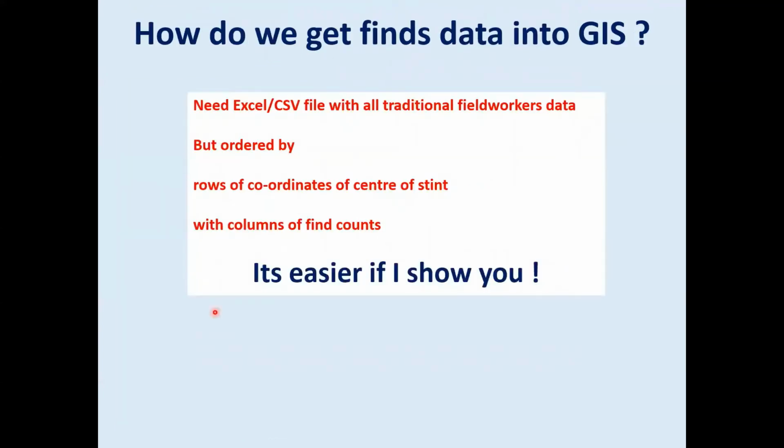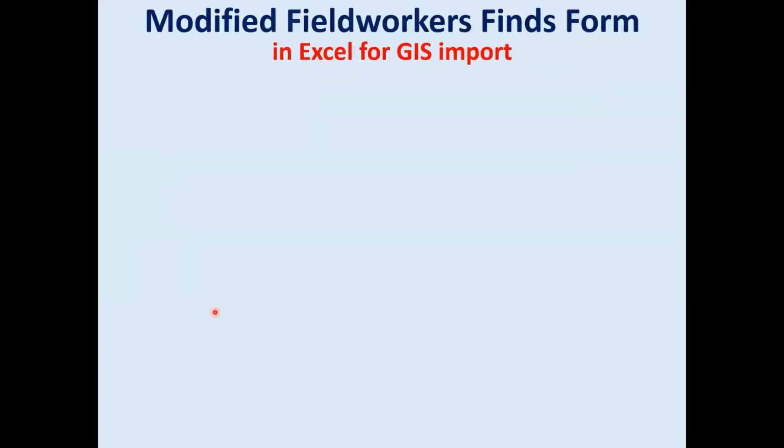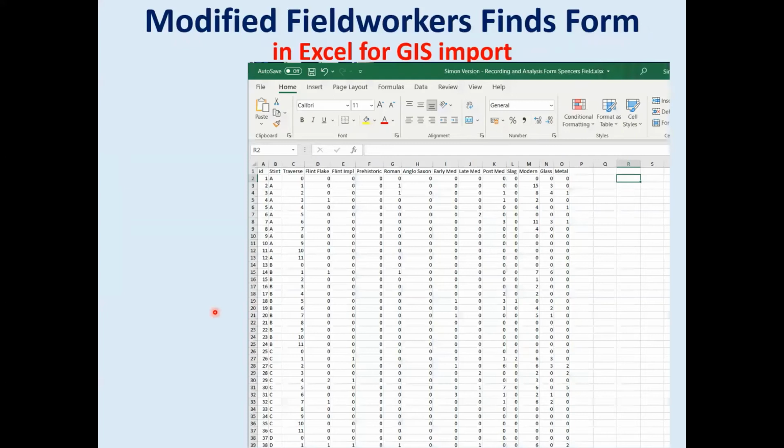Because QGIS wants an Excel or a CSV file, but ordered by rows of coordinates of the center of the stint with columns of finds. And when I wrote this down, I thought, you're never going to understand what I mean. So it's easier if I show you. So this one here, you can see we've got the find types in different columns.